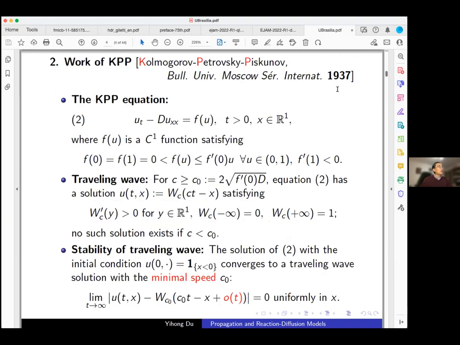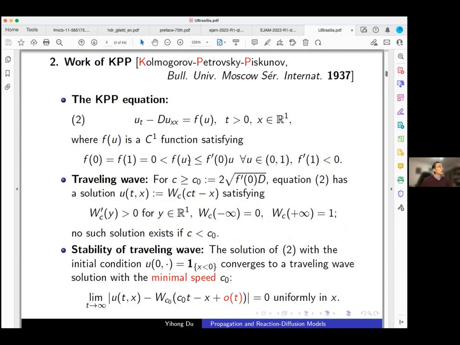In the same year, another classical paper appeared by, well, we call it KPP, standing for Kolmogorov, Petrovsky and Piskunov. They were motivated by the same kind of problem, but they independently proposed a similar reaction-diffusion model. The only difference from Fisher is that they used a more general function f of u.